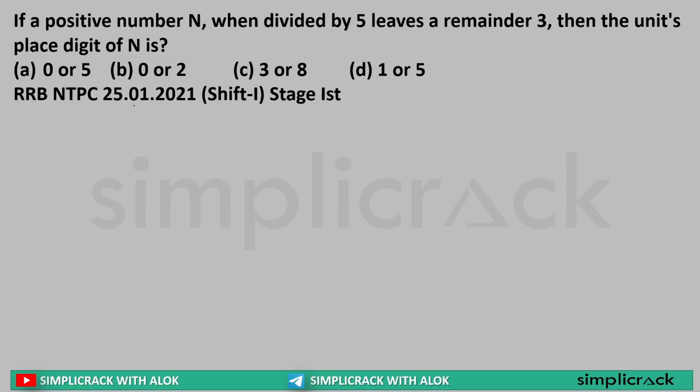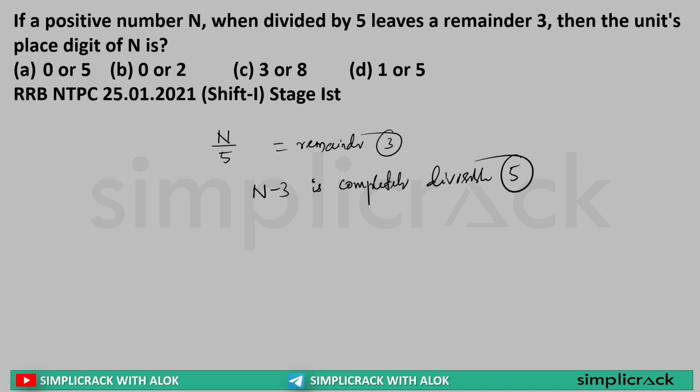Next. If a positive number n is divided by 5, it leaves a remainder 3. So remainder will be 3. That means n minus 3 is divisible by 5.